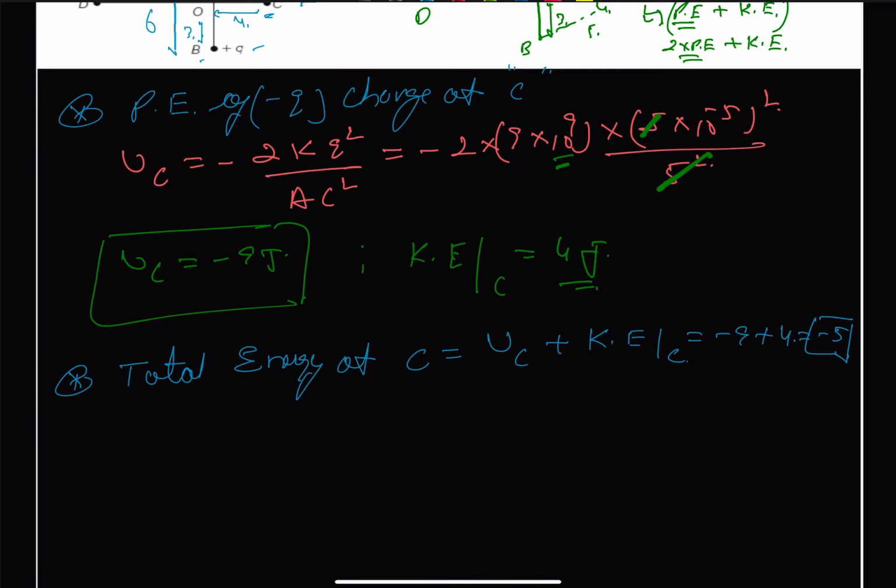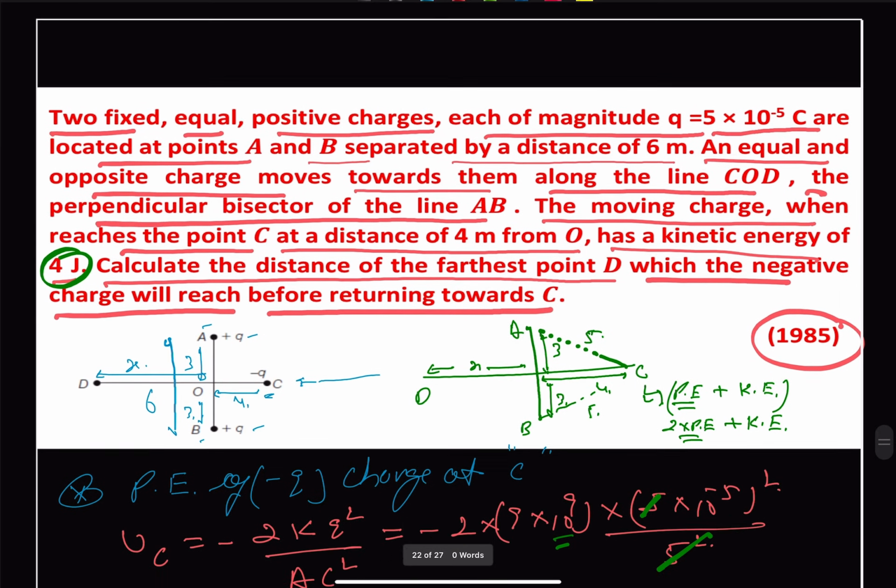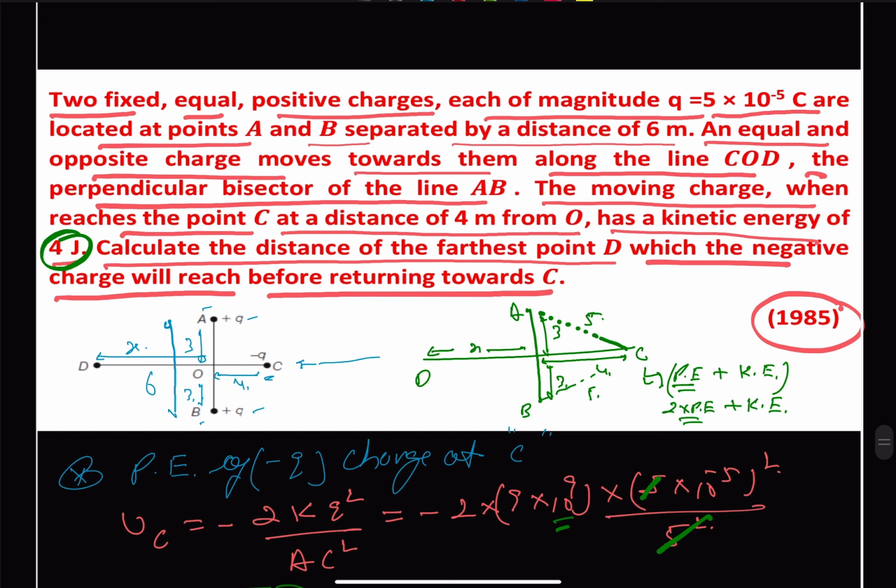And it says to calculate the distance of the farthest point D, which the negative charge will reach before returning towards C. So it means at point D, before it returns, for a fraction of a second the velocity of the charge will be equal to 0.